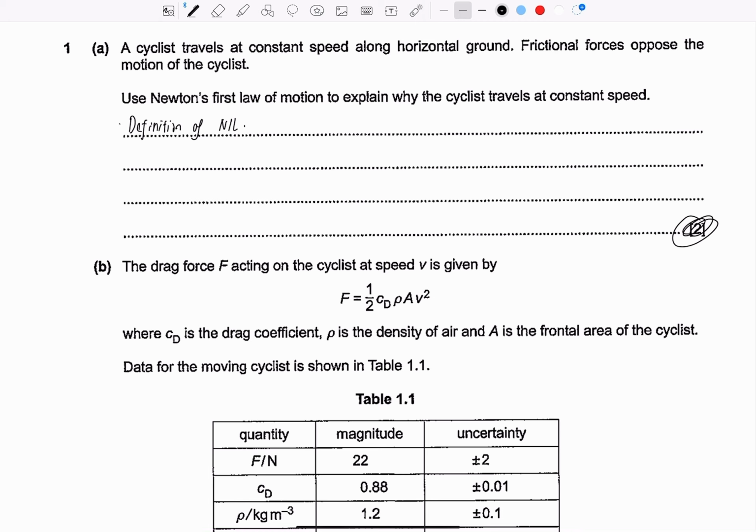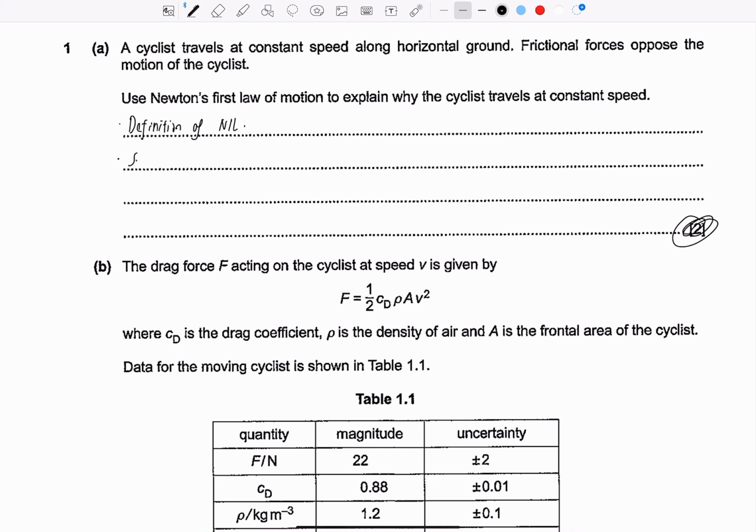Define Newton's first law. Next, you would explain that the resultant force on the cyclist is 0. Hence, it will remain at a constant speed. So first step, define Newton's first law.